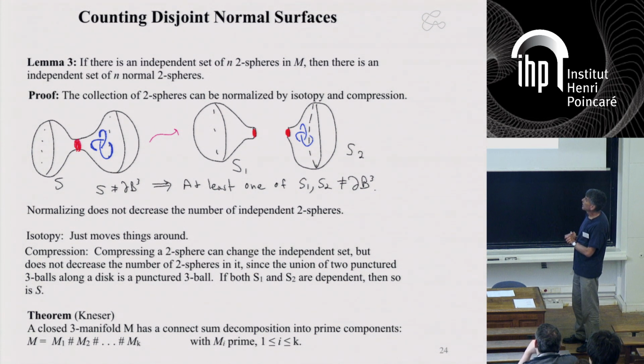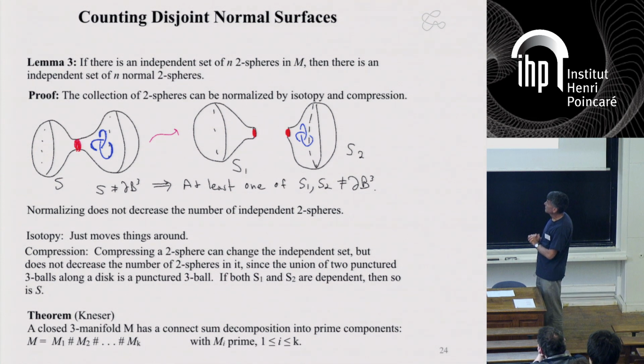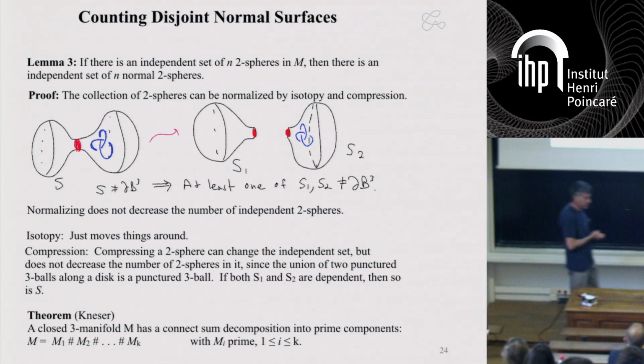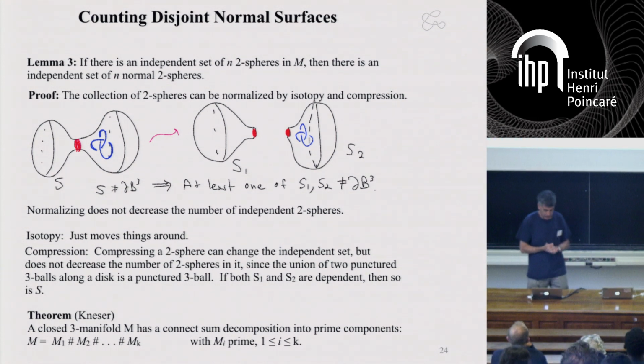And as indicated in this picture, if you start with a family of spheres that are independent and compress one of them, you'll get an extra sphere, and now you may have to throw away one of the two spheres you get, but you'll still get an independent family by keeping one of the two spheres that you get. So you won't decrease the number of independent two spheres.